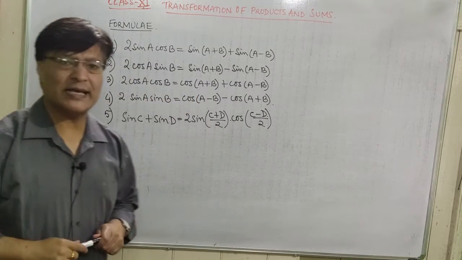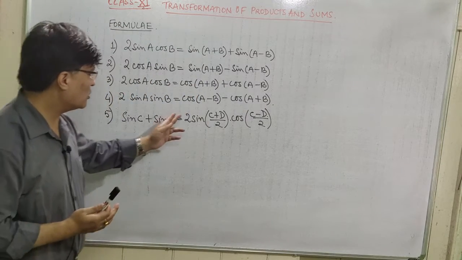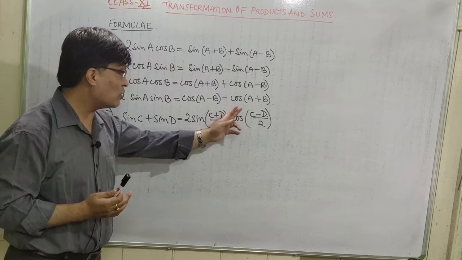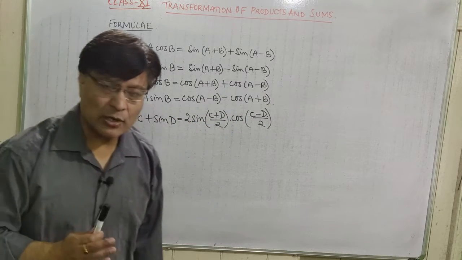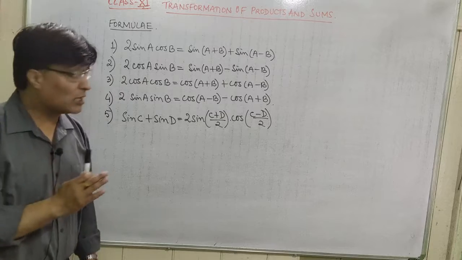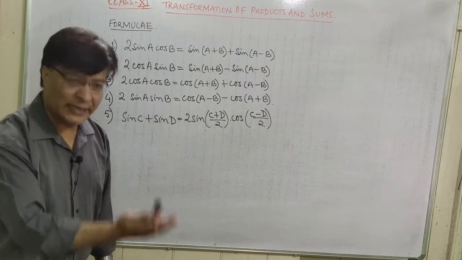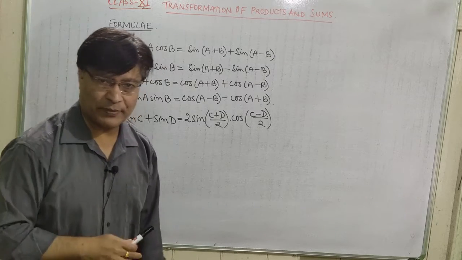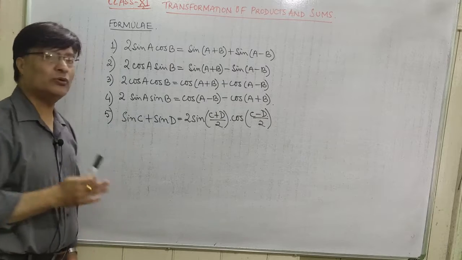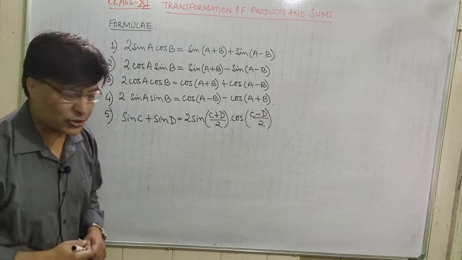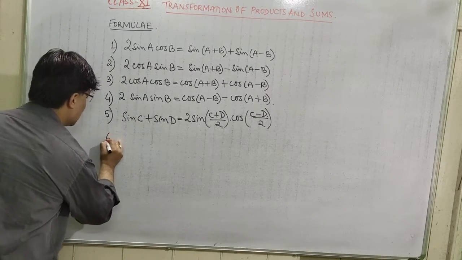Okay, so what is sine C plus sine D? Which is equal to 2 sine of C plus D by 2 cos of C minus D by 2. That is, we have converted the sum of two trigonometric functions into the product of two trigonometric functions.